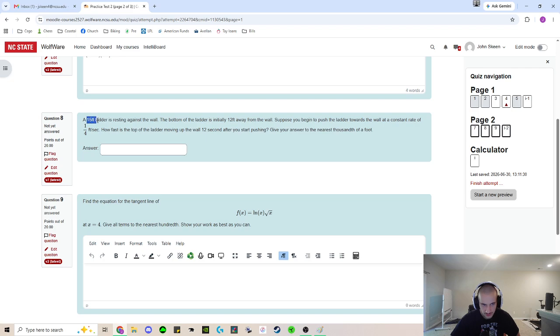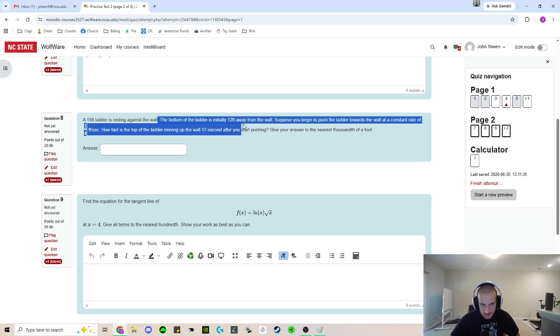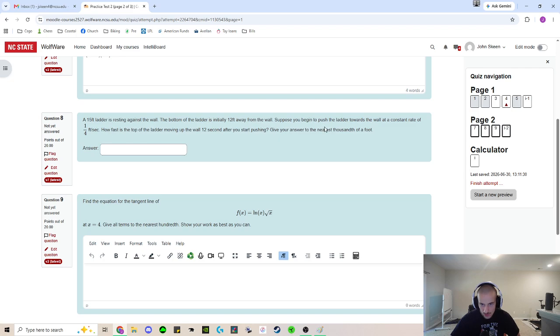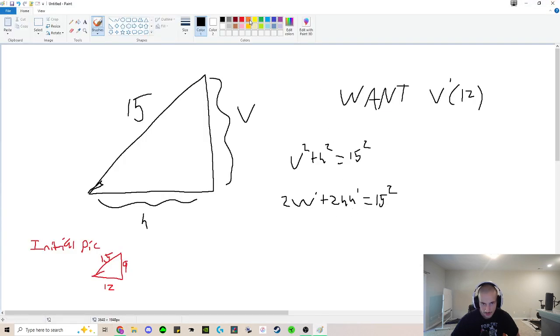A 15-foot ladder is resting against the wall. The bottom is 12 feet away. Okay, so we know that h prime is a quarter, right? So h prime is always a quarter. And so it looks like we just need to solve for v and h. So after 12 seconds, right?